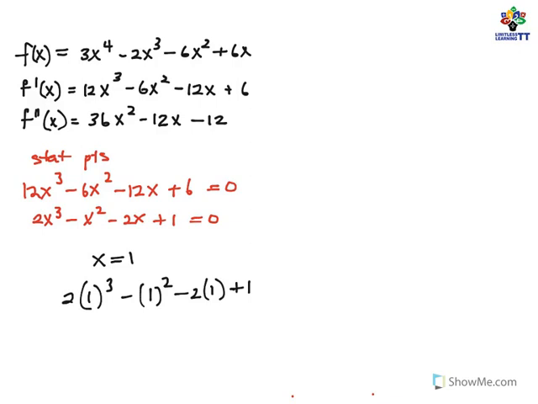And I need to see if that's going to give me 0. Right? So 1 cubed is 1, 2 times 1 is 2, 1 squared is 1 minus 1. Minus 2 times 1 is minus 2, and then plus 1. So everything is going to cancel. 2 minus 1 is 1, 1 minus 2 is negative 1, negative 1 plus 1 gives me 0. So that means that x minus 1 is a root, which is great.